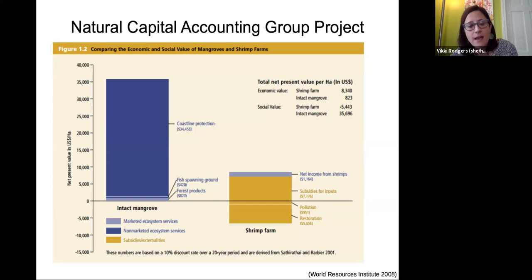So converting an intact mangrove over to a shrimp farm, which is often what happens, you can see the complete change here in value. And if we actually, you know, took account for all of that, the decision to do this would be simple. You just wouldn't, right? And so this is sort of the way that I'm asking them to think about their forested piece of land. Next slide.